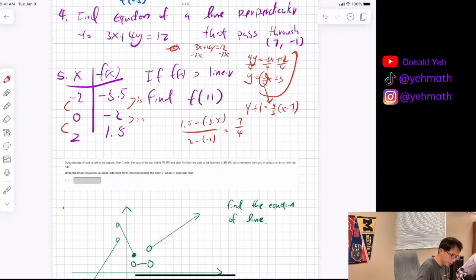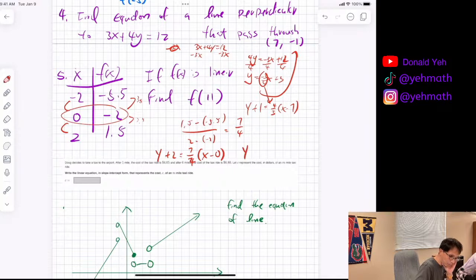So then all I have to do is plug in a point I like. I like the middle point. I don't like the fraction ones. And I love the 0. So y minus negative 2 equals 7 over 4 times x minus 0. Now, they want to find f of 11, but you have to figure out what f of x is.